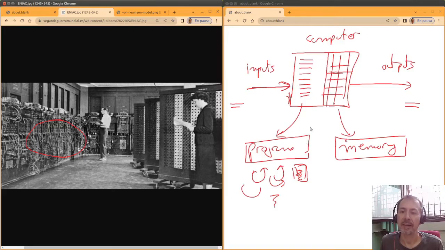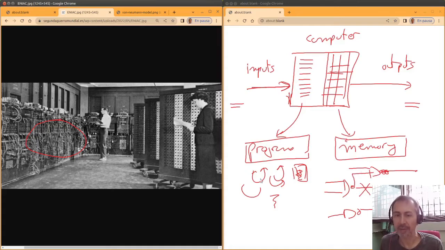Then it uses the memory and it produces the output. Imagine this circuit, I'm just making it up. For programming it, you just change this cable from here to here. That was the way of programming the computer.